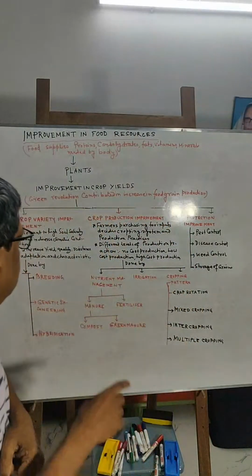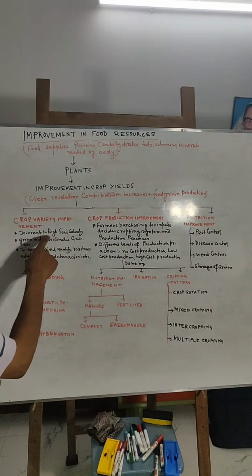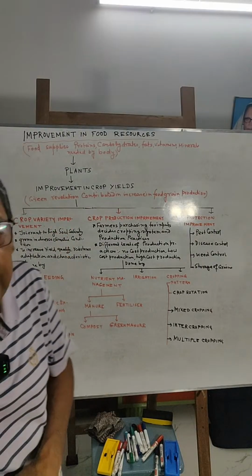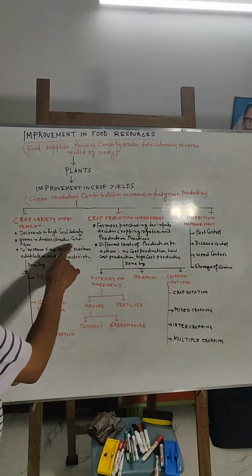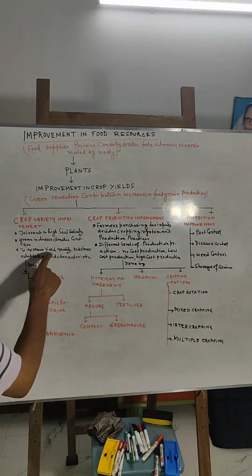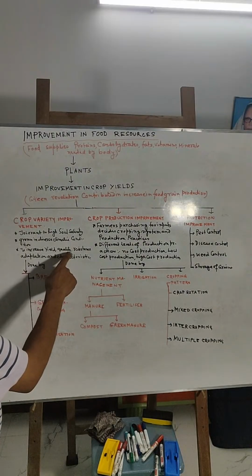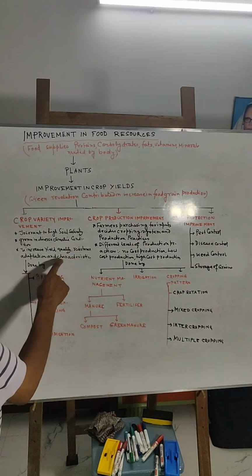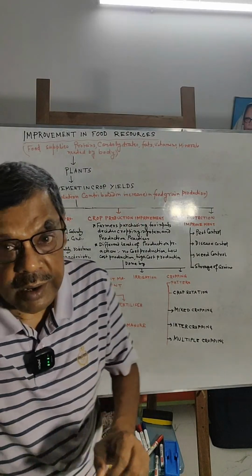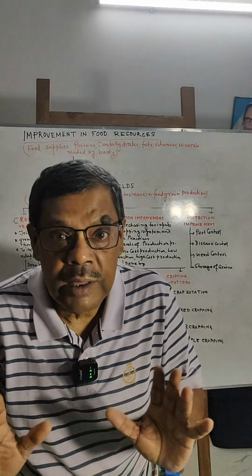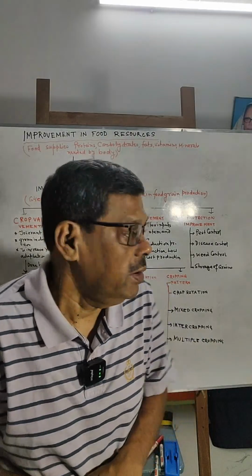First type is tolerance to high soil salinity. Crops have to grow in diverse climatic conditions to increase yield, quality, resistance, adaptation and characteristics. These 3 points are to be kept in mind for the improvement of crop variety.